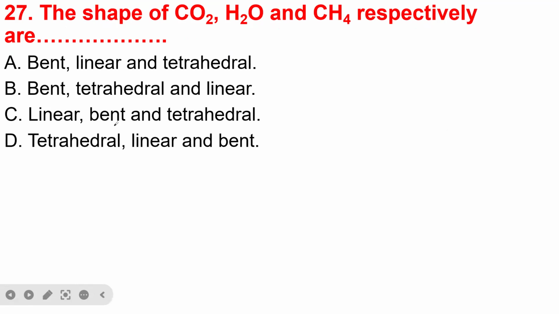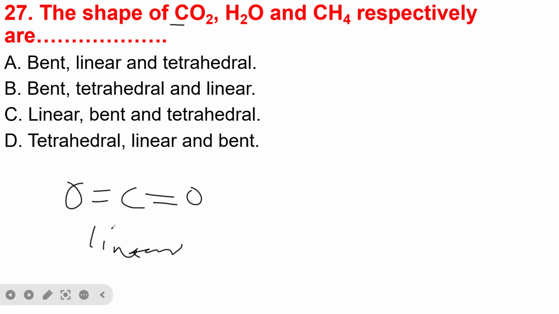The shape of molecules depends on the number of lone pairs of electrons and bonding pairs of electrons, and also the number of atoms attached directly. Carbon doesn't have any lone pair of electrons, and the number of atoms attached to it is just 2 oxygens. So you can see that it is linear in shape.